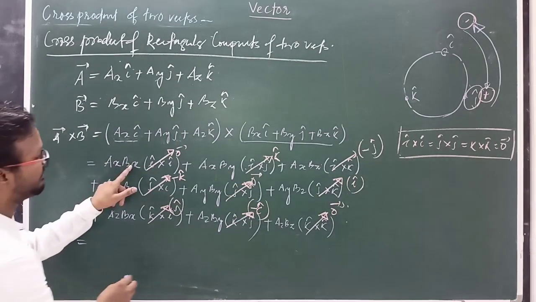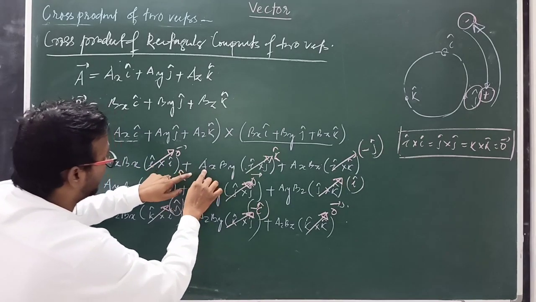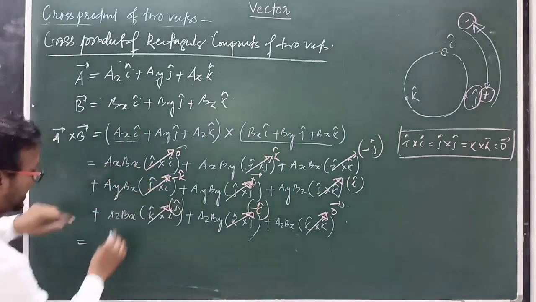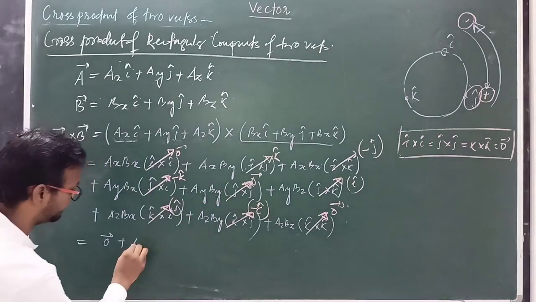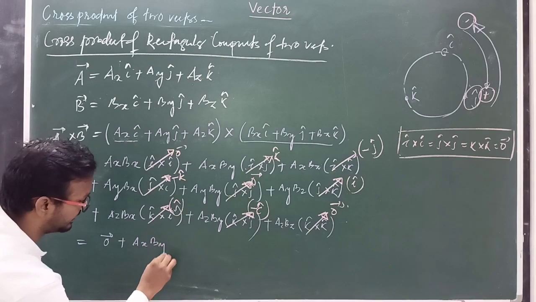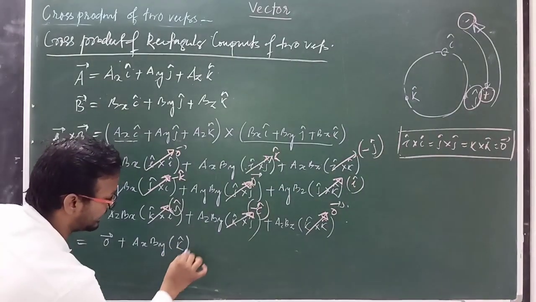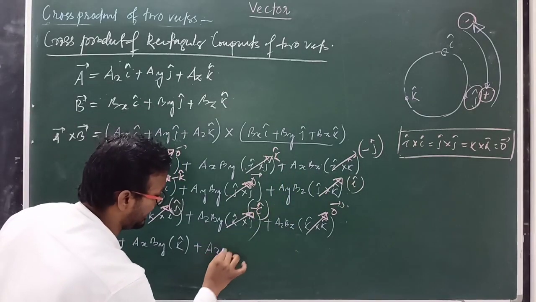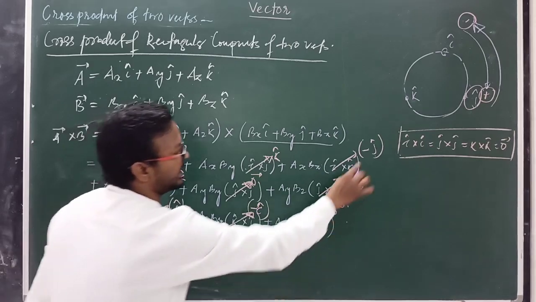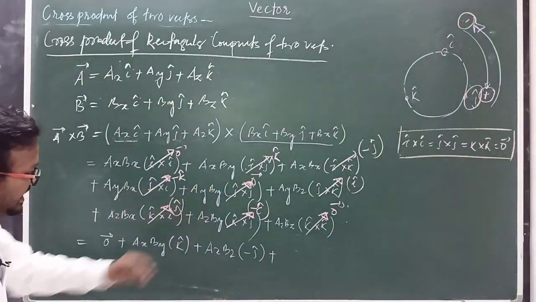So in first line here 0, then here you can write ax by, first line 0 vector, 0 plus ax by k cap, and here k cap, plus ax bz into minus j cap, plus second line.